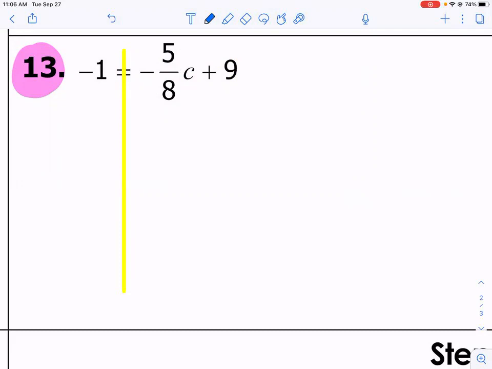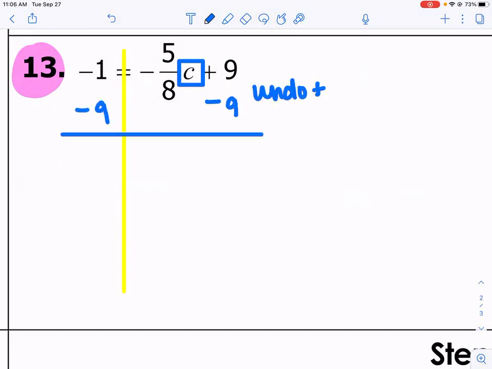We're gonna work on number 13. Okay, now here is our variable C. Ryan, what do we need to move first? We need to move the 9 first, and 9 is being added, so we need to undo our addition by subtracting 9 to both sides. Okay. So we still have our negative 5/8 on the right.